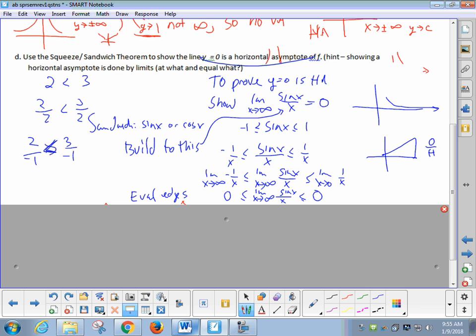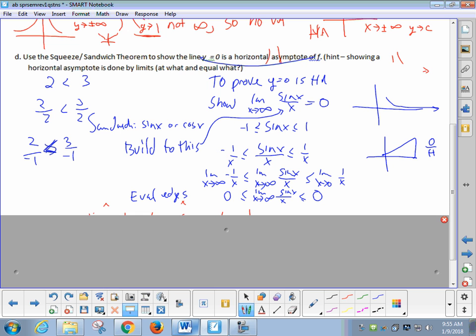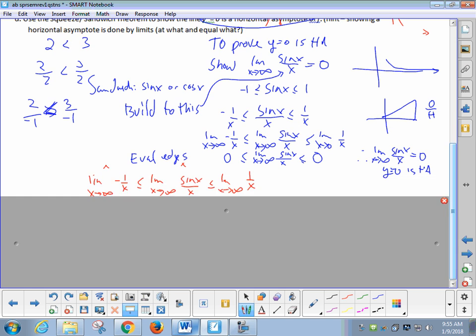It's between -1 billionth and 1 billionth, -1 trillionth and 1 trillionth. It must be right in between, and therefore it must be 0. And therefore y equals 0 is a horizontal asymptote. Because the values of the outcome of the function approach 0, there must be a horizontal asymptote too.